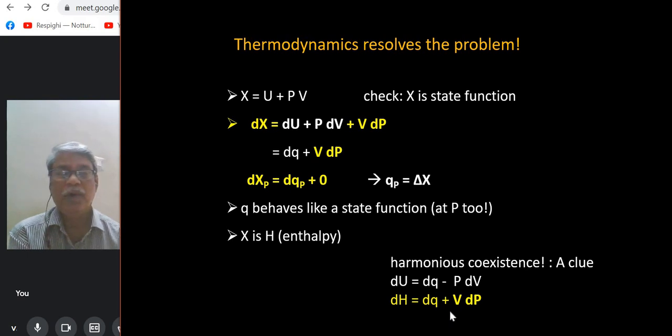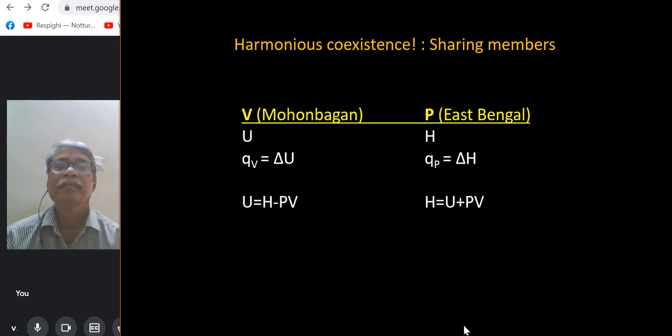So it's a game of flip over, right? And that's the clue. Probably that pattern, that replacement P by V, V by P, or U by H, or H by U, would survive throughout thermodynamics. And if it is so, then it's really magical. It would work magically. Let us see how magical it is.